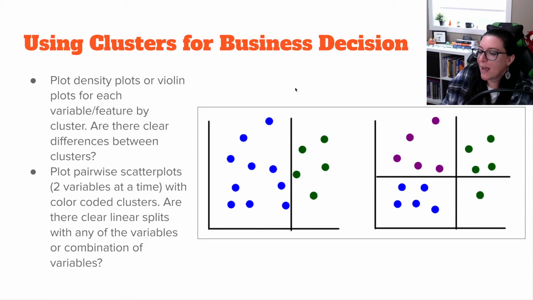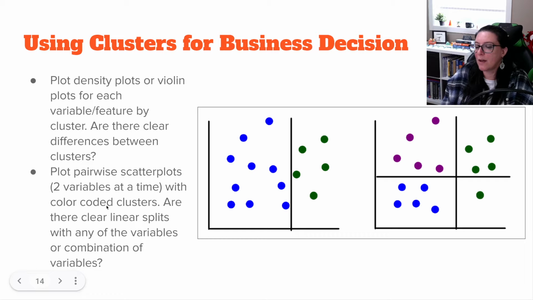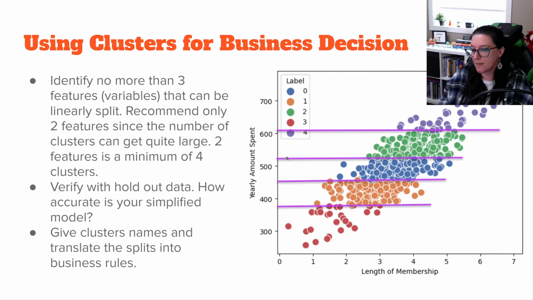So we're looking for nice linear splits on variables and combinations of two that would align with the clustering. That would then help us act on this. And so we can find that by first plotting density plots or violin plots to look for clear differences, and then pick combinations of two to look for nice, easy separations to help us with that process.